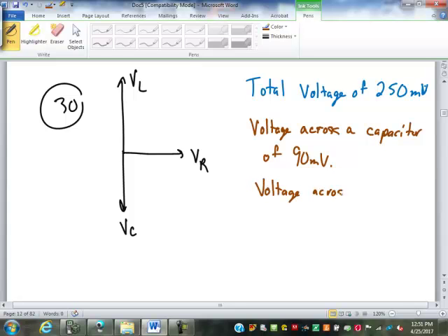Voltage across a resistor of, let's go with 240 millivolts. Find the voltage across the inductor.